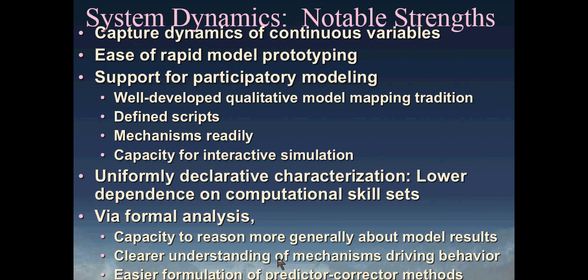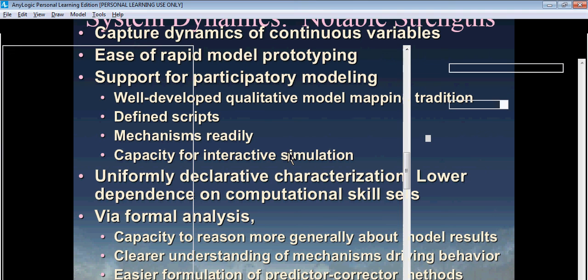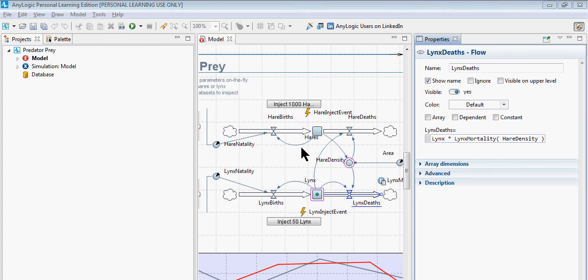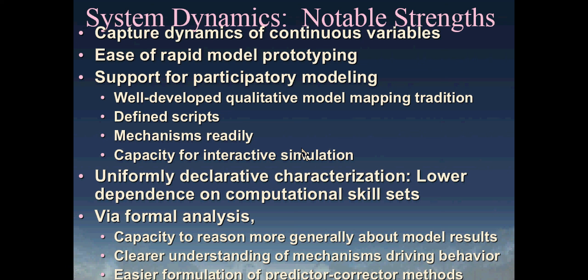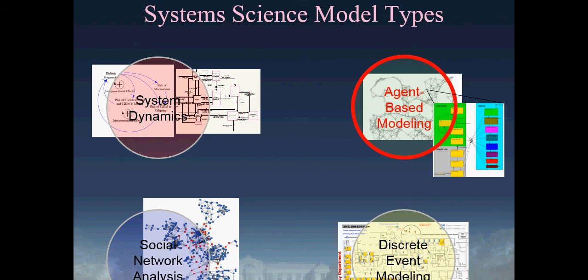And for many people who use this, that's an attraction. Via formal analysis, you can reason more generally about model results, like the possible ways it could behave, and understand why we're seeing certain phenomena at an analytic level. That's very rich. And you can use it with machine learning mechanisms to do certain types of extra analysis.